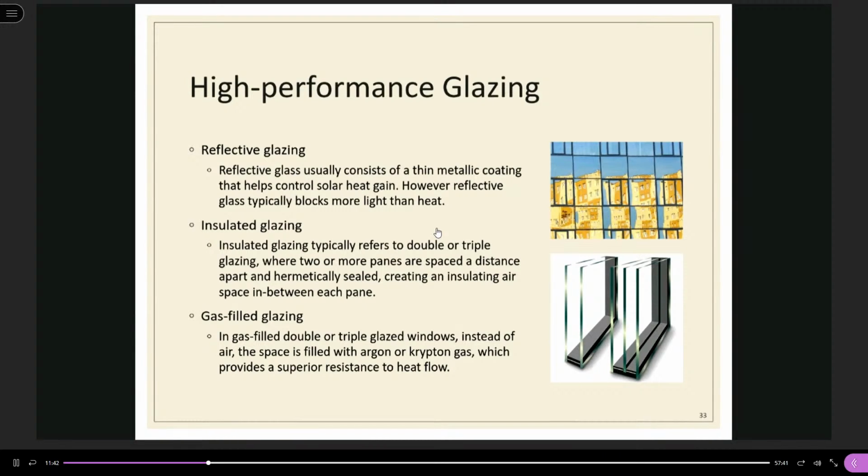Anyway, double glazing and triple glazing provide extra insulation. Gas-filled glazing: in gas-filled double or triple glazed windows, instead of air, the space is filled with argon or krypton gas, which provides a superior resistance to heat flow.